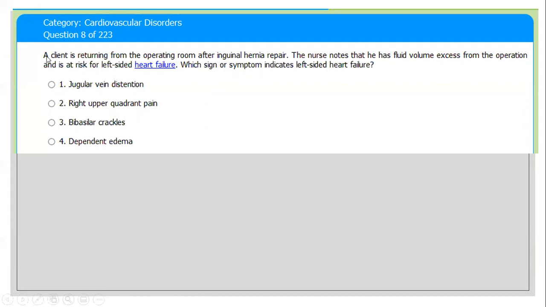Next question. A client is returning from the operating room after inguinal hernia repair. The nurse notes that he has fluid volume excess from the operation and is at risk for left-sided heart failure.